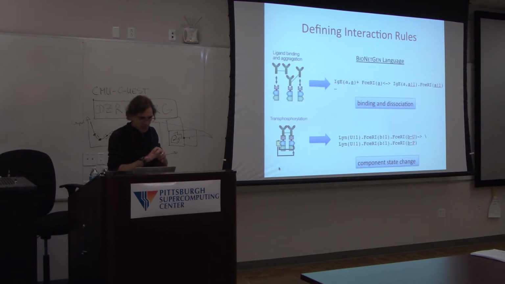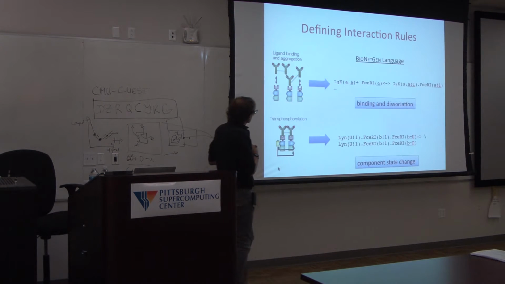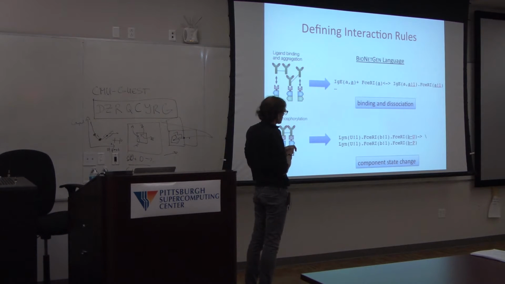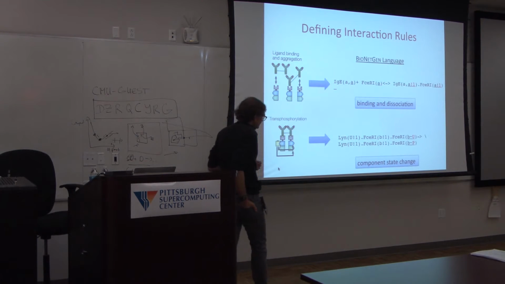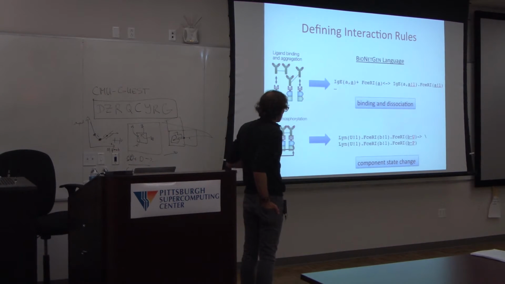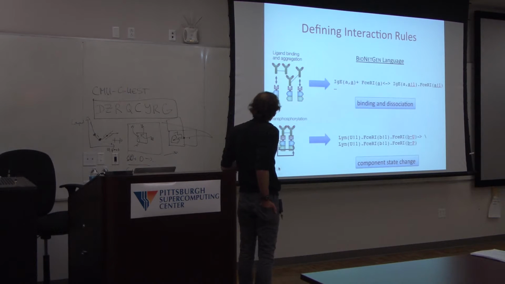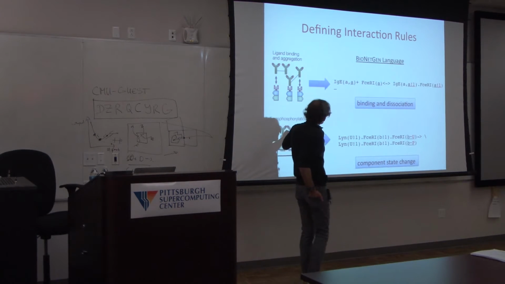Okay, so the rules look like this. We've seen examples of reaction rules before, and these are actually truncated rules where I haven't put the rate constants in. But I just want to show you some examples of more complex rules that have additional context.